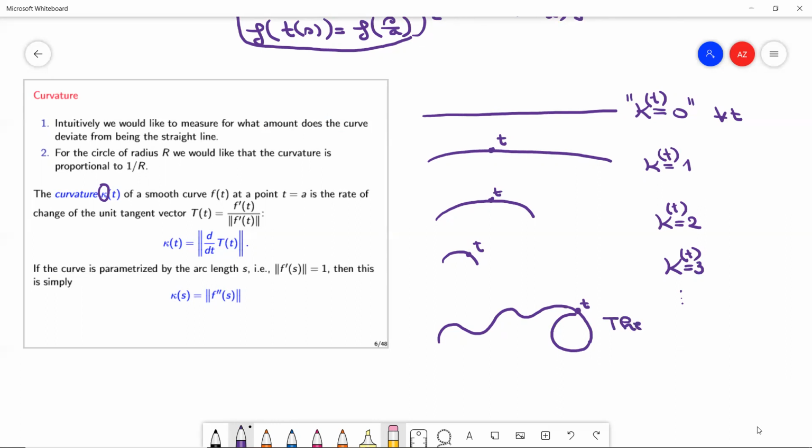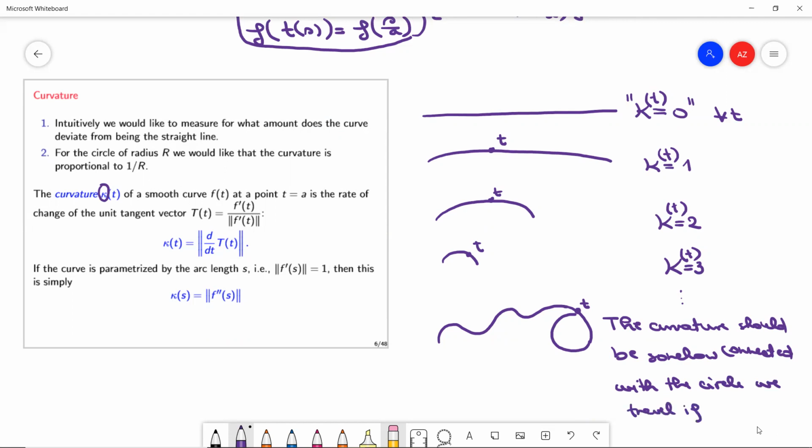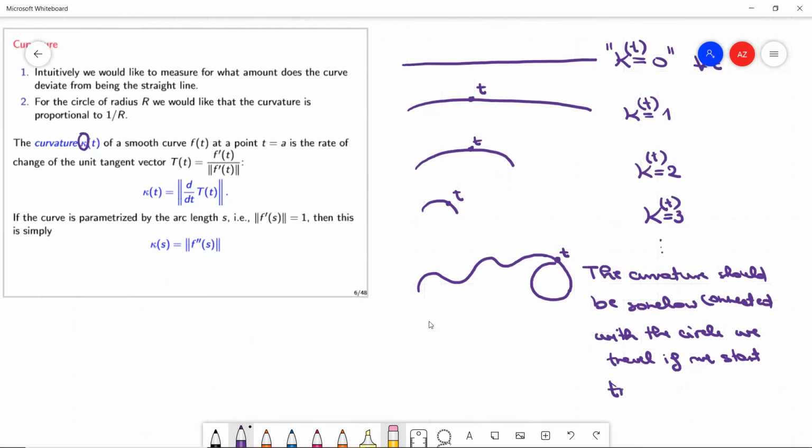The curvature should be somehow connected with the circle we would travel if we start traveling with the same curvature.